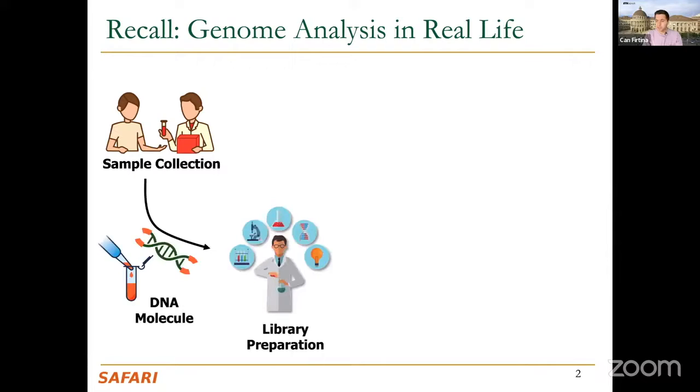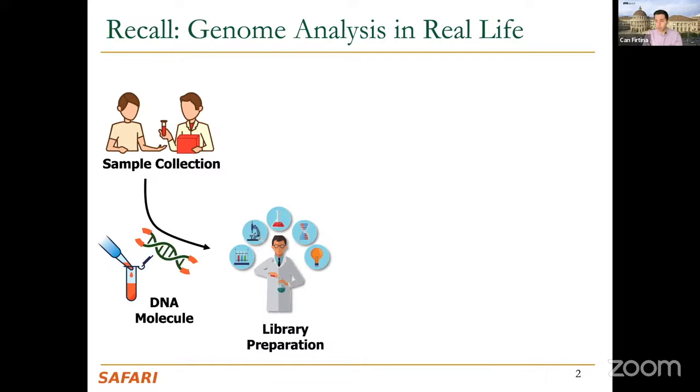Once the sample is collected, the next step is to prepare the library in a nice way so that the sequencing technologies can accurately and with high throughput read or sequence these molecules.